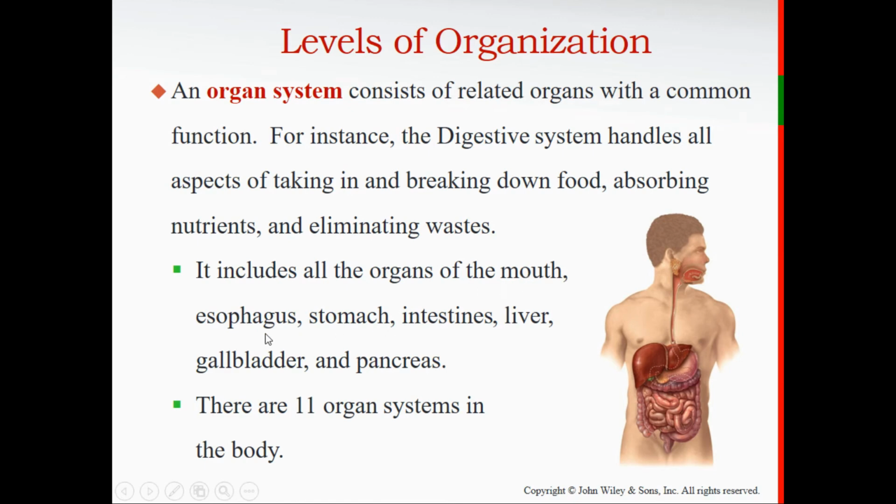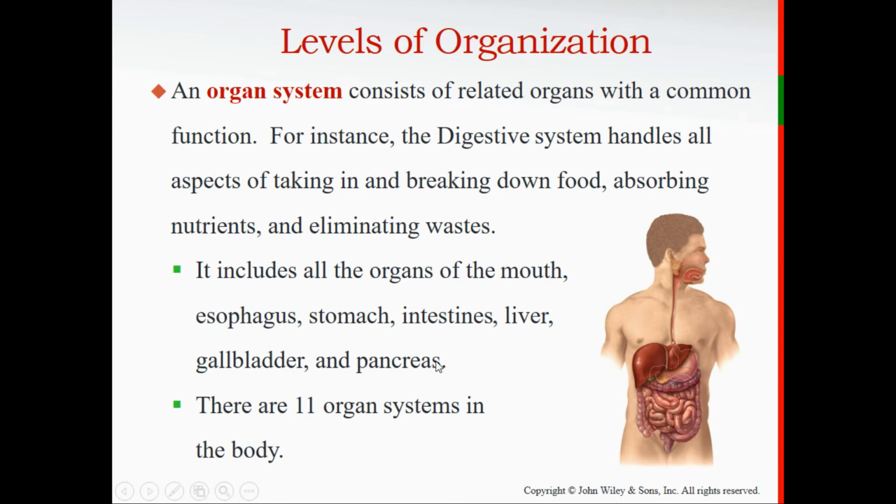So your mouth, esophagus, stomach, and both large and small intestines make up what we call the GI or gastrointestinal tract, sometimes referred to as the alimentary canal. And that means food passes through those organs. The liver, the gallbladder, and the pancreas help secrete substances into the GI tract to aid in digestion, but never have food go through them.